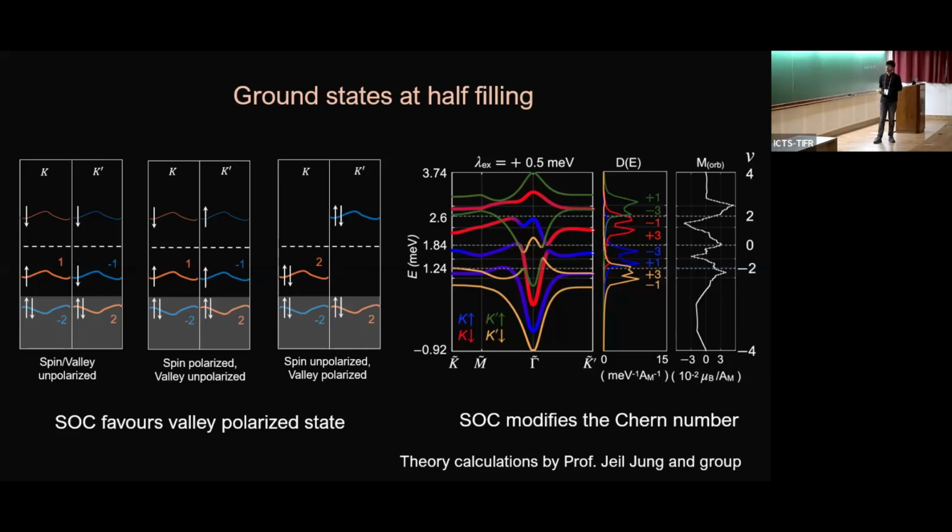And you can clearly see valley degeneracy is fully lifted, and near the half filling you get a total Chern number of 2. And also you see a reversal in magnetic moment near the half filling of the band, +2 and -2. So although spin orbit coupling modifies the Chern number, the total Chern number at the half filling remains the same.